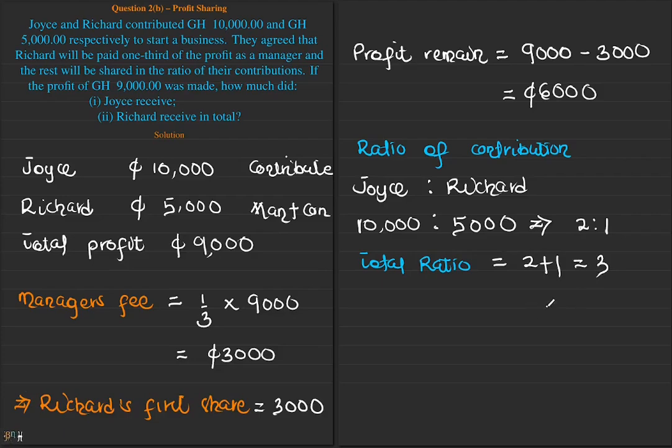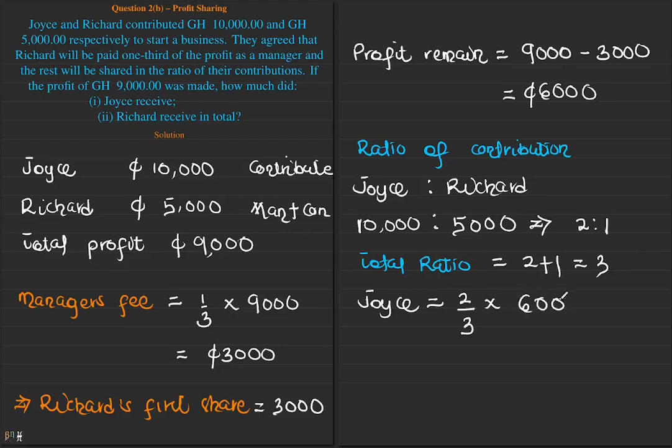A 3. So there are 3 parts in total. So we now have all we need. We can find Joyce's share with respect to the total ratio, and Richard's share. So for Joyce's share, it's going to be her ratio, which is 2. So we have 2 over the total ratio, which is 3, then times the profit that remains.